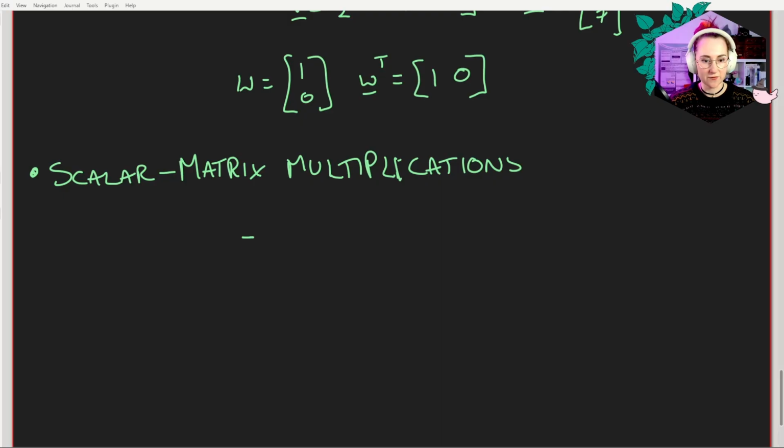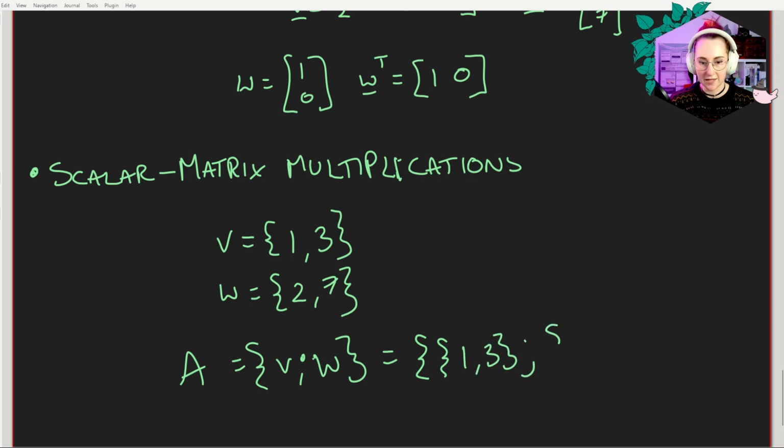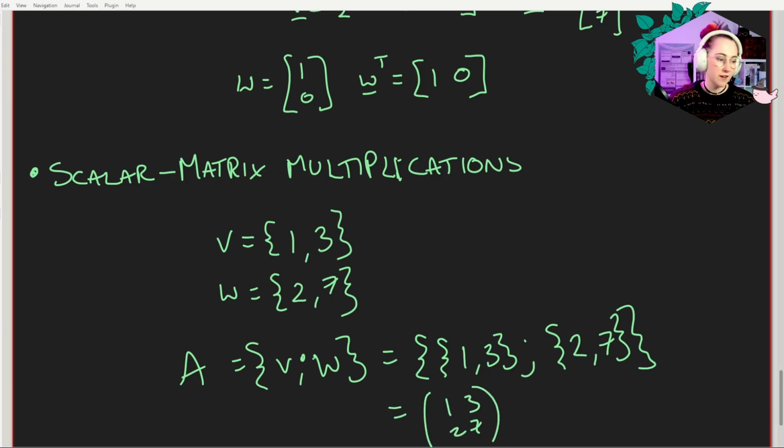Like if the vector, or ordered list, is 1, 3, 2, 7, then A would be like V, W, which is sort of how you store them in computer science, equivalent to the 1, 3, 2, 7 thing. A vector of covectors. There we go.